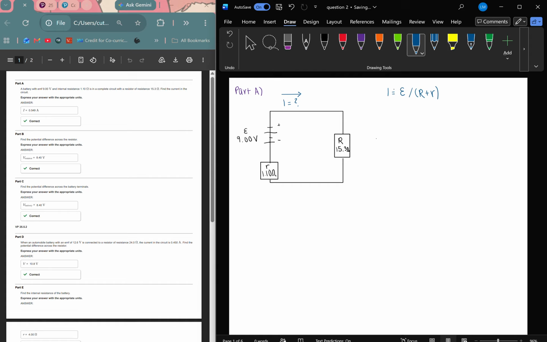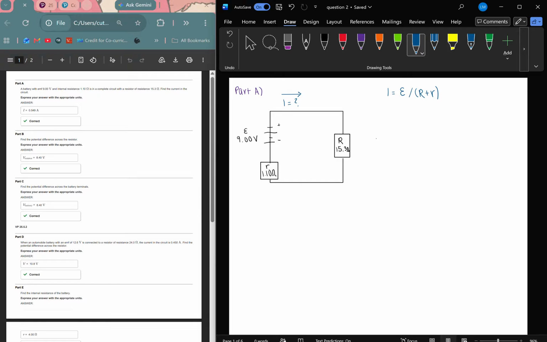So I is the current, the electromotive force goes up here, and then we have the resistor and then the internal resistance. This equation comes from the textbook for a complete circuit containing a battery with internal resistance. Since the internal resistance and external resistance are connected in series, I'm gonna first add them together.